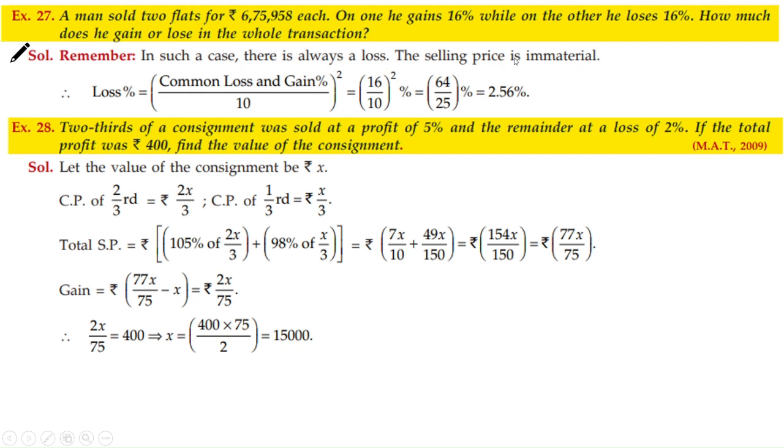The selling price is immaterial. Loss percent equals (common loss and gain percent by 10) whole square, which equals (16 by 10) whole square, which equals 64 by 25%, which equals 2.56%.